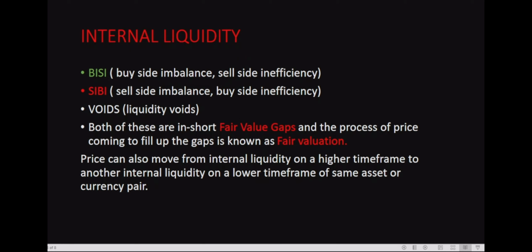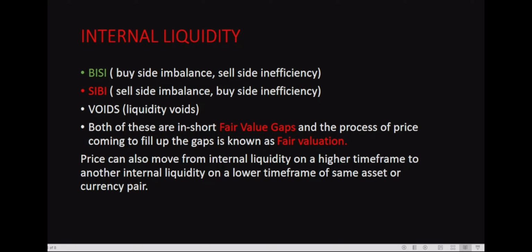So the first one we're looking into is internal liquidity. What is it, how to find it on your charts, and some definition of terms. Some things you already know, and then some things are just added benefits or bonus in this video. So the first thing I'm looking at is, let me just explain what internal liquidity is.